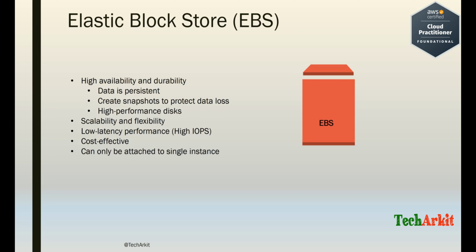EBS is Elastic Block Store, which means purely a block store where you can store the data and partition the EBS volumes as per your requirement. It is for high IOPS, like if you need high database transactions with a high input output ratio, then this is the recommended platform for that instance. It offers high availability and durability.